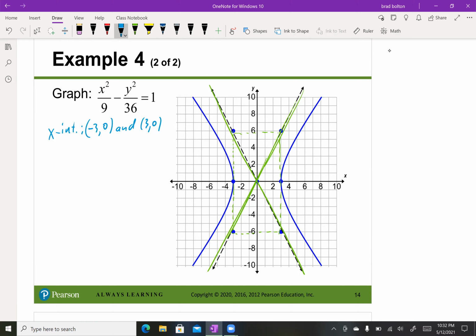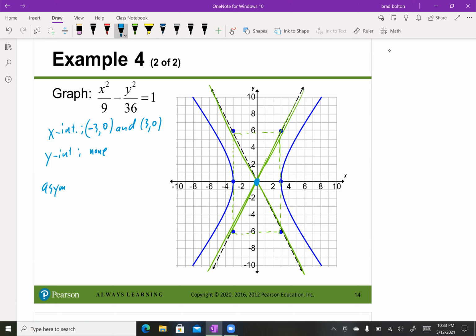And then the y-intercepts would be none. It doesn't cross the y-axis. Now if it was the other way, if it was the y squared first minus the x squared, then you would have y-intercepts, but you would not have x-intercepts. That's if it's centered at 0, 0. Notice here's the center right here. If they adjust it and we do shifts and stuff, then you can have different types of x and y-intercepts. So the asymptotes, oops.